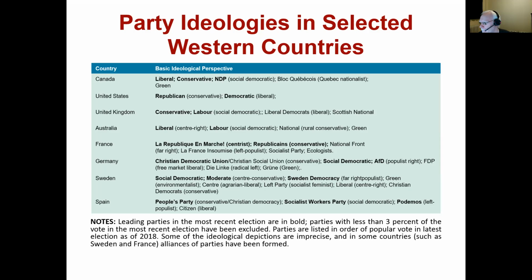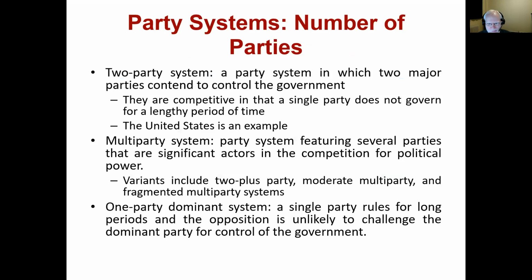And then in many of the European ones, you see many, many more parties. Your US and Canada being single member plurality, or sometimes referred to as first past the post, where whoever gets the most votes in the district wins, typically have fewer political parties, and those that have a proportional representation system, like most of the continental Europeans, will typically have larger numbers of political parties.